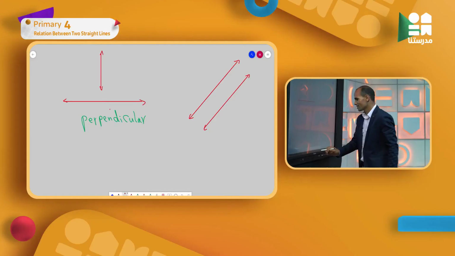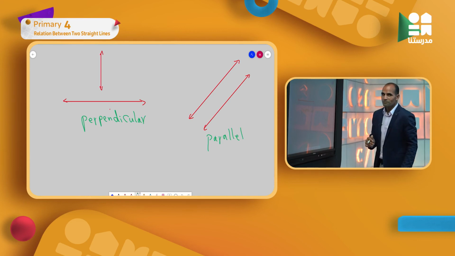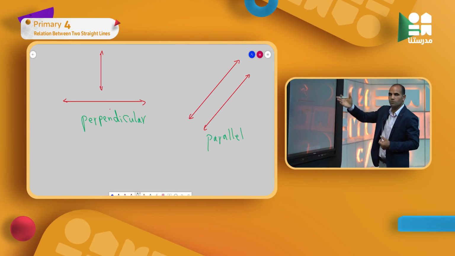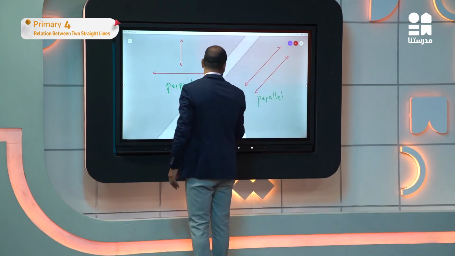Parallel. Great, this is the correct answer, parallel. I'm so happy that you understand. I'm sure you understand the relation between two straight lines, perpendicular and parallel lines.